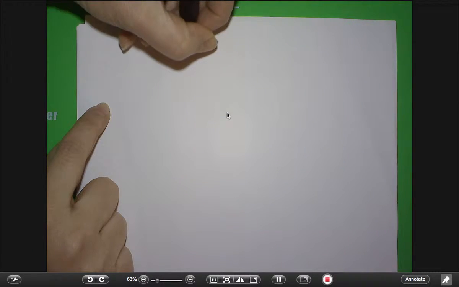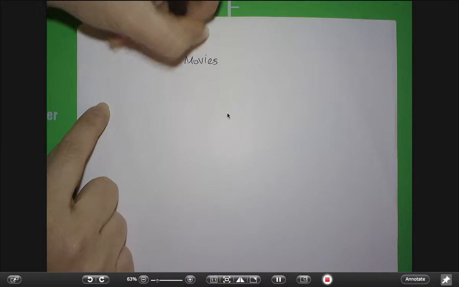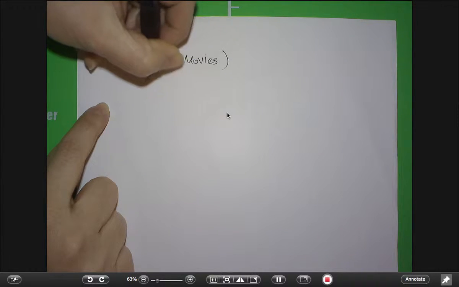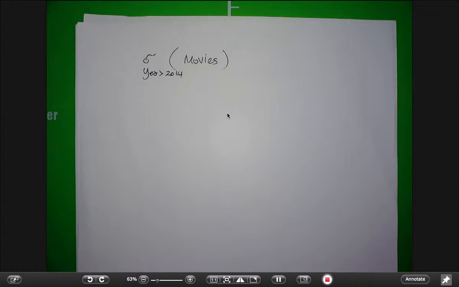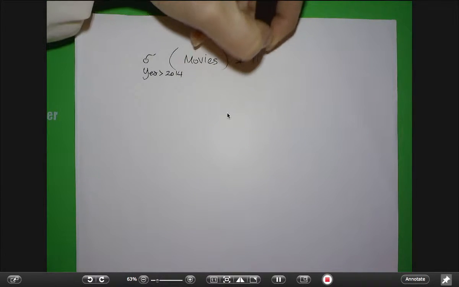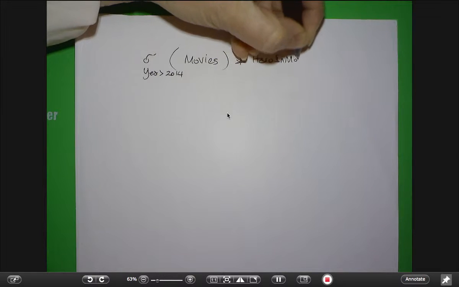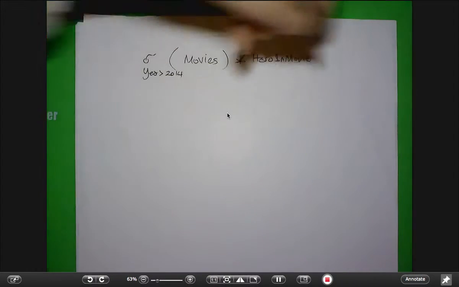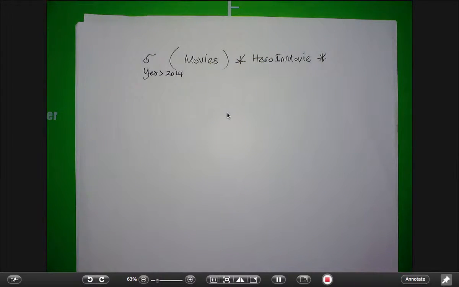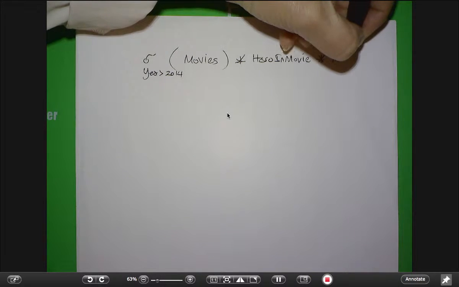So from movies, I can select where year is greater than 2014. These are all the movies made after 2014. These are all the heroes that are in those movies. Now, these are all heroes that are a Marvel hero.